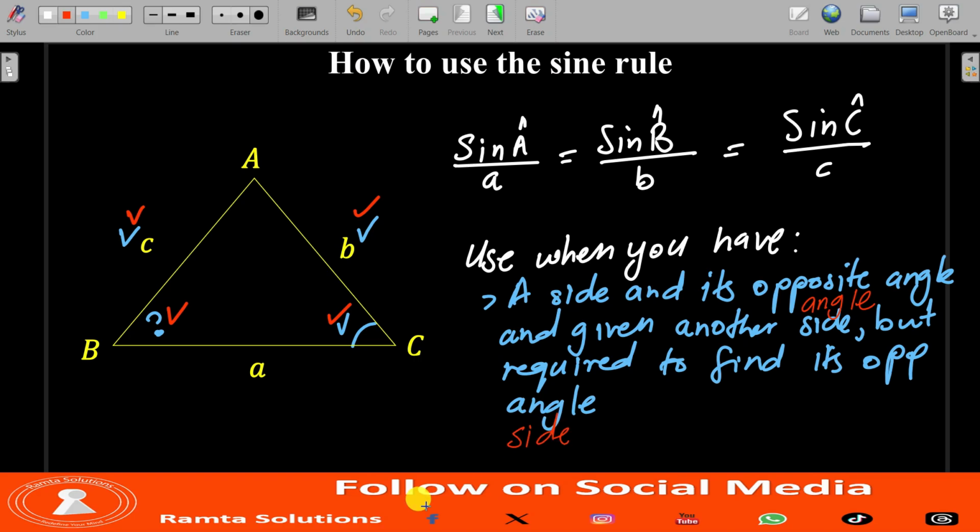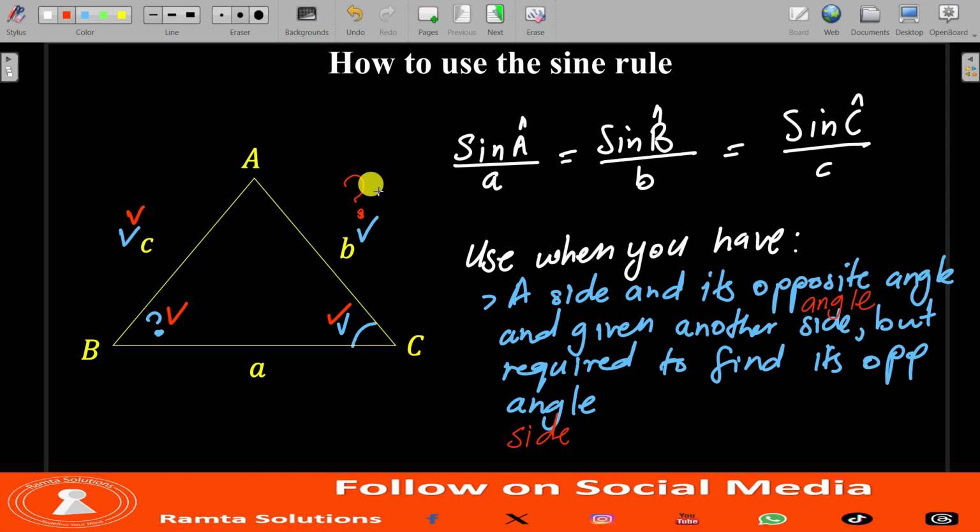Okay, these are the conditions that you will use sine rule. I repeat, when you have a side and its opposite angle, and given another side but required to find its opposite angle, you use sine rule. I think my mistake here, because I said one is unknown. So here, you see, the side is unknown, right?